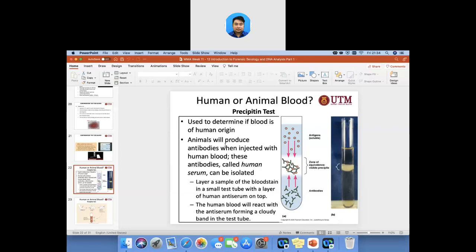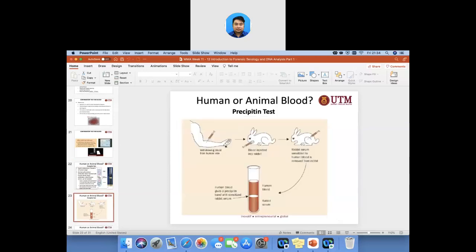Imagine, let's say I put this picture: you take human blood from a human and inject it into a rabbit. This rabbit would synthesize a human serum. You will get this human serum from the rabbit and you will do a precipitin test.